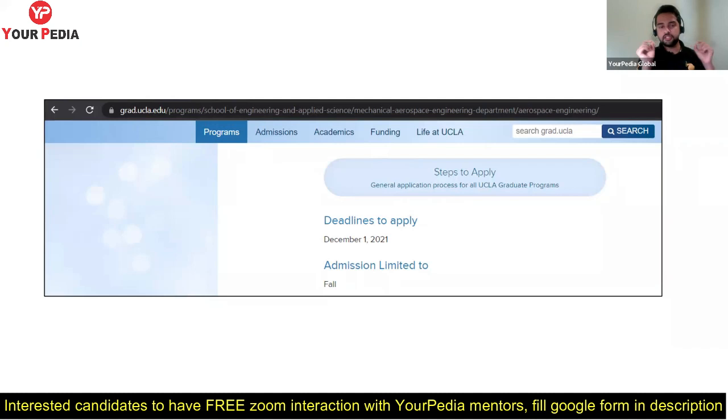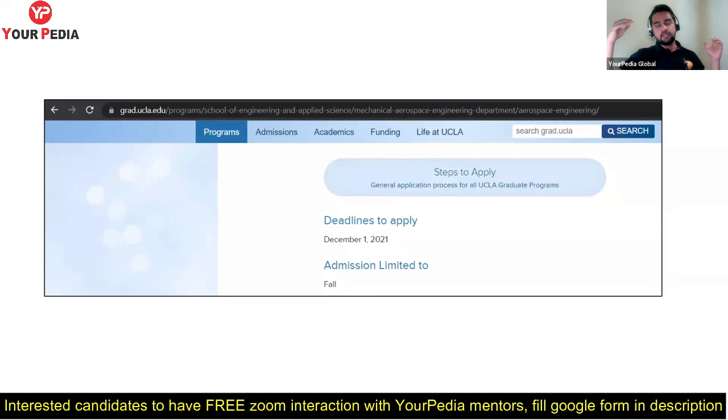So fall is a very important session. It is like the summer session, the major session in the US. For that, if you want to attend classes in August 2022, you have to apply before December 1 of 2021. So you have to apply 8 months before because this process will take time.